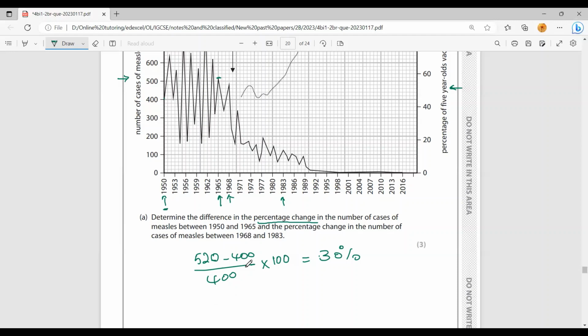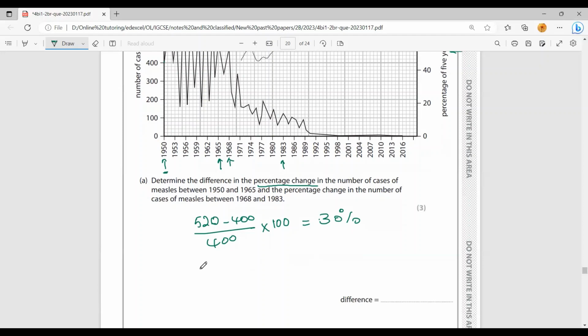Okay, so the percentage change is 120 minus 490, divided by 490, multiplied by 100. This will give me a negative value, meaning there was a decrease.